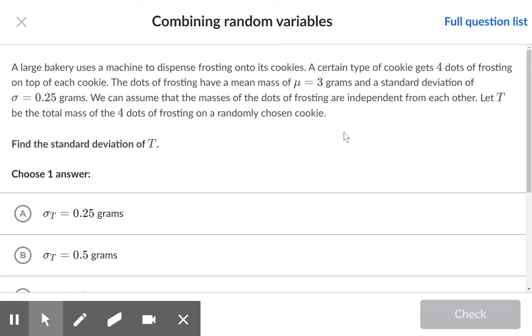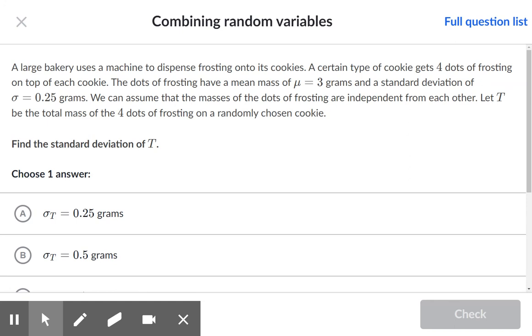So basically you have a cookie and then the frosting, 4 dots. And the dot has some mass, and the mean of those dots is 3 grams and the standard deviation is 0.25. We can assume that the masses of the dots of frosting are independent from each other.